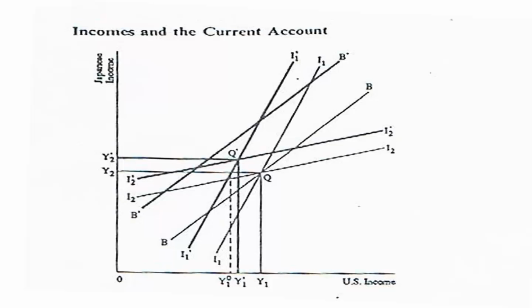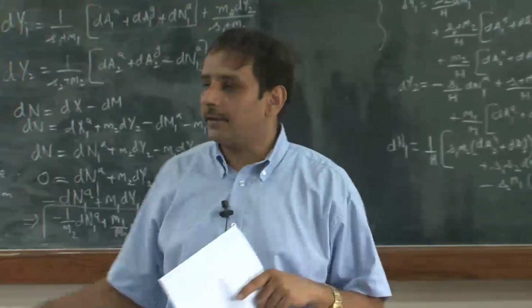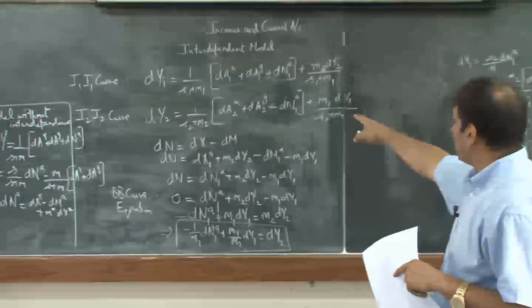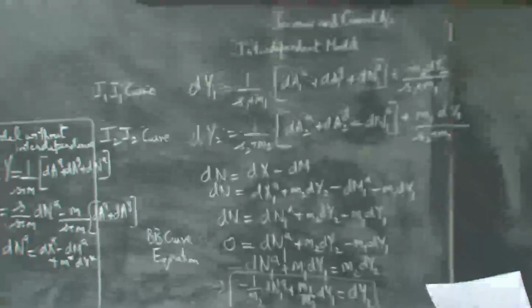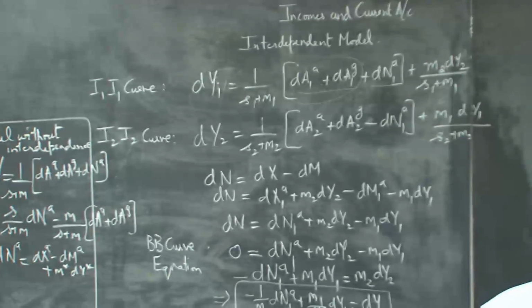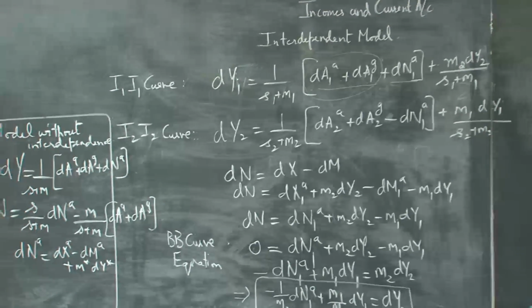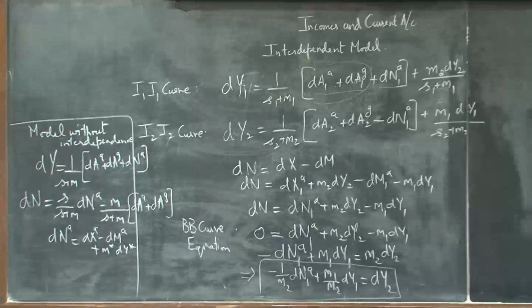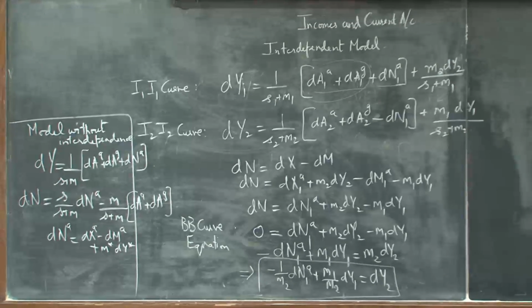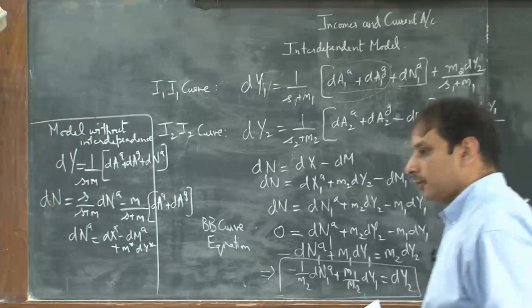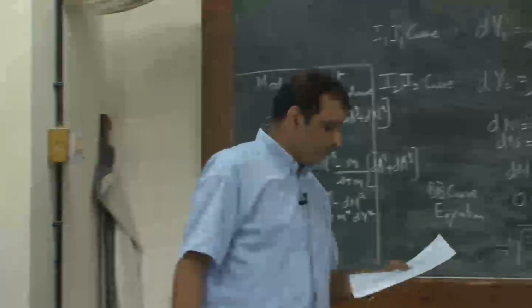Again, there is an I1, I1 curve depicting the first equation, the I2, I2 curve depicting the second equation, which shows the relationship between their incomes and our incomes, and you have the BB curve, which shows the current account balance.